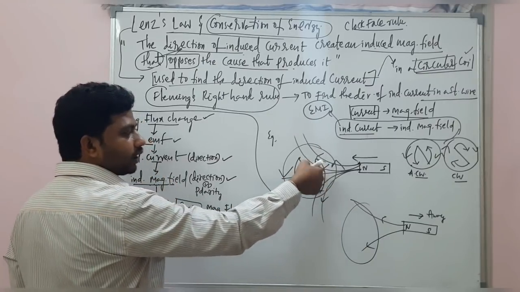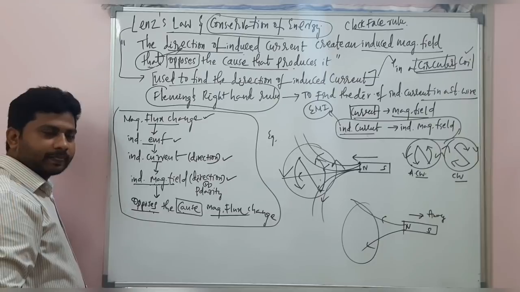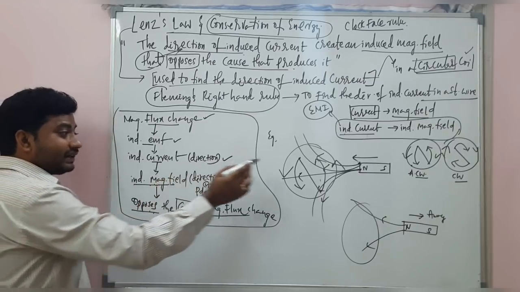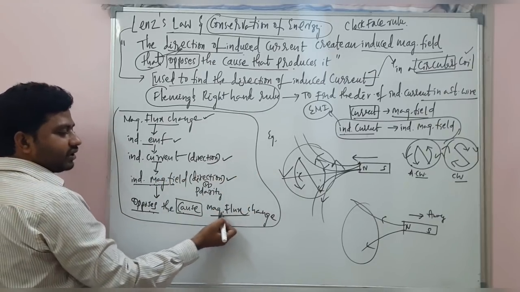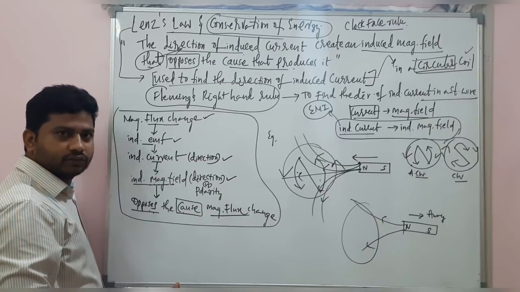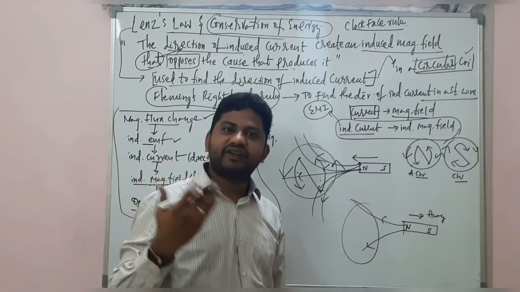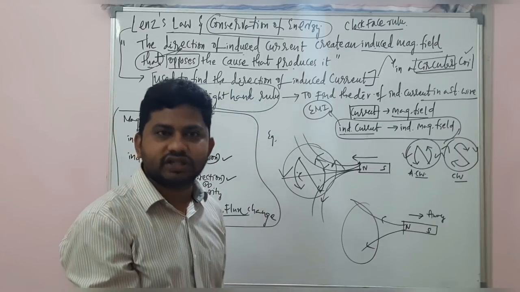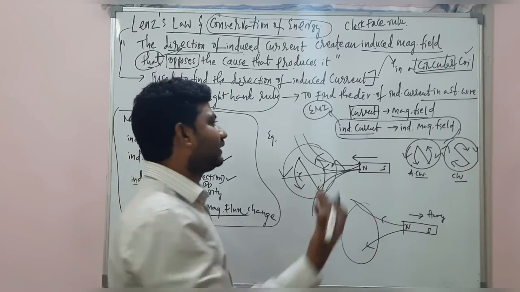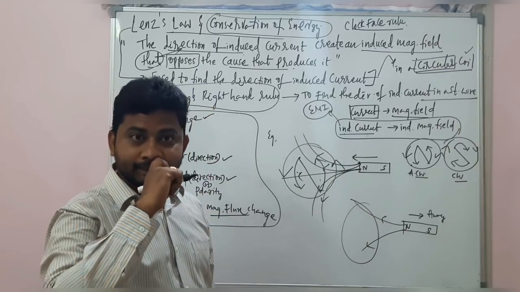Yes, see the north polarity of the pole. And that opposes the cause that produces it. By forming a north pole here at a particular face of the coil, there is an opposition of the magnetic flux change. That is the Lenz law.